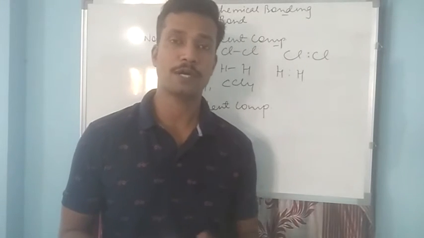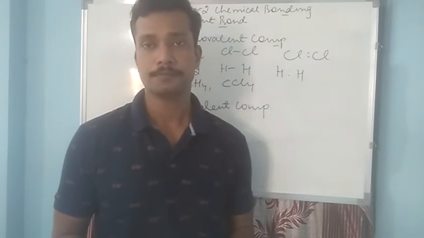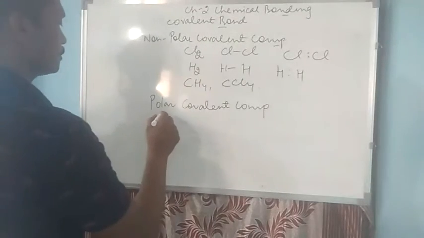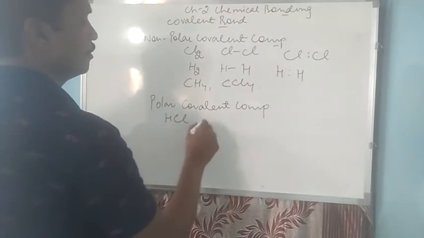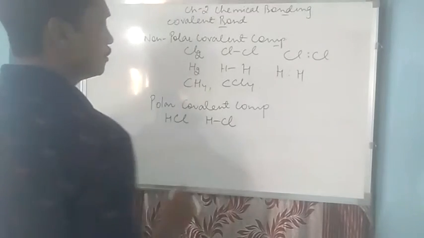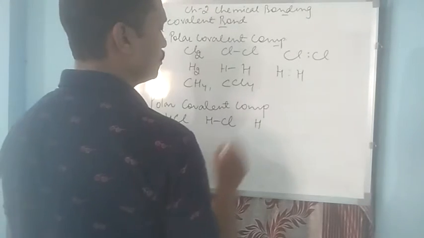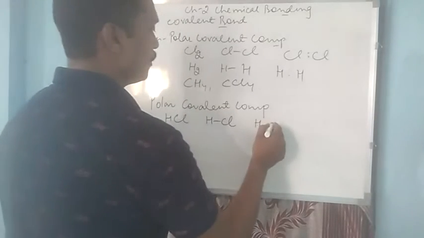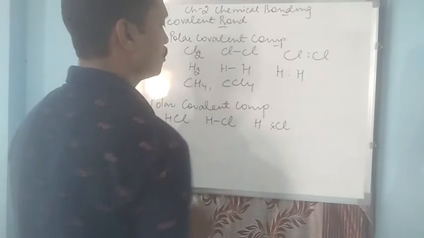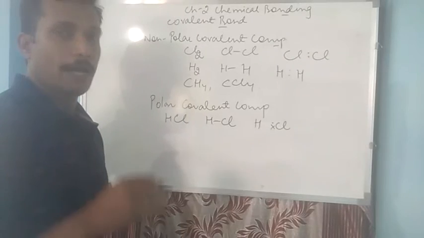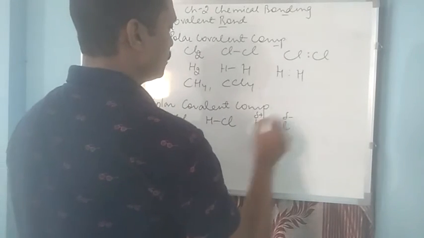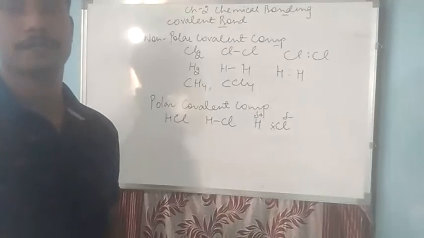The two atoms will acquire some charges. This is the example like HCl. This is a covalent bond, and the shared pair of electron, since chlorine is more electronegative element, shared pair of electron will be more towards chlorine, and as a result they will be having slight positive and slight negative charge.